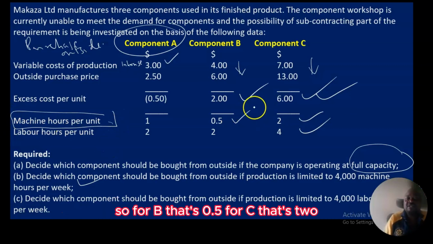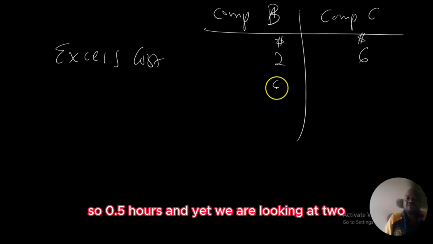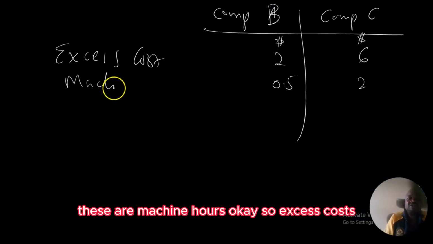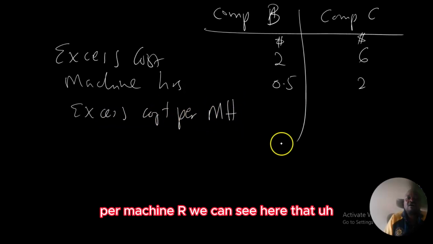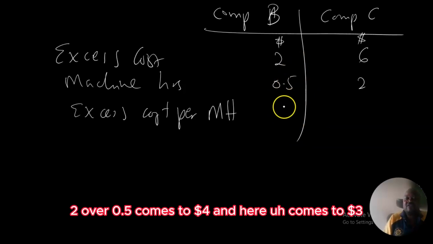So for B, that's 0.5, for C, that's 2. These are machine hours. So the excess cost per machine hour: 2 over 0.5 comes to $4, and here comes to $3.